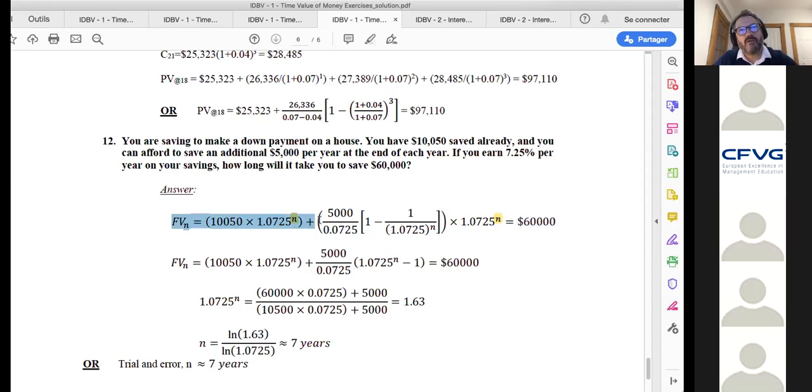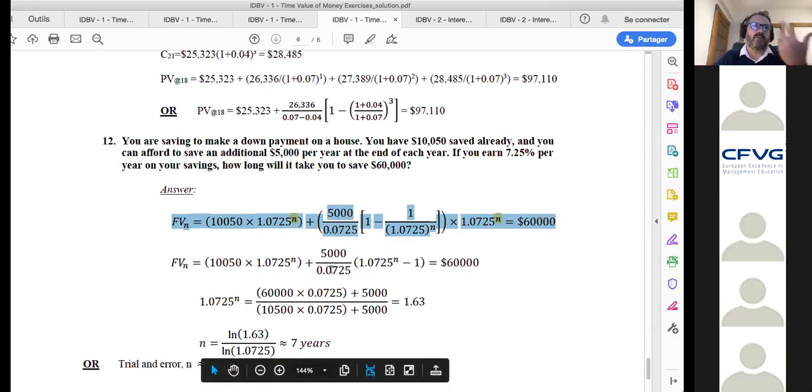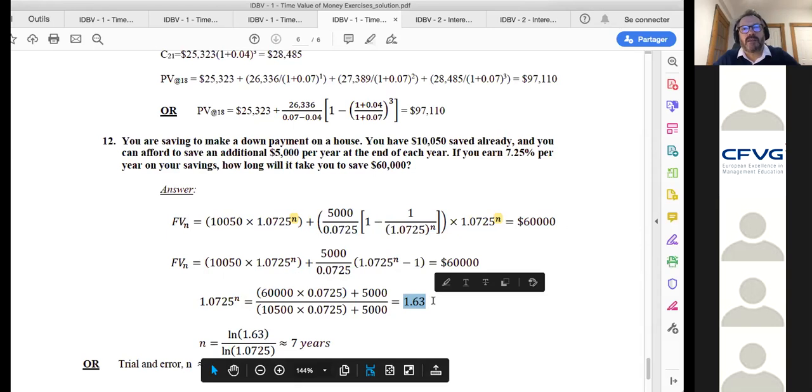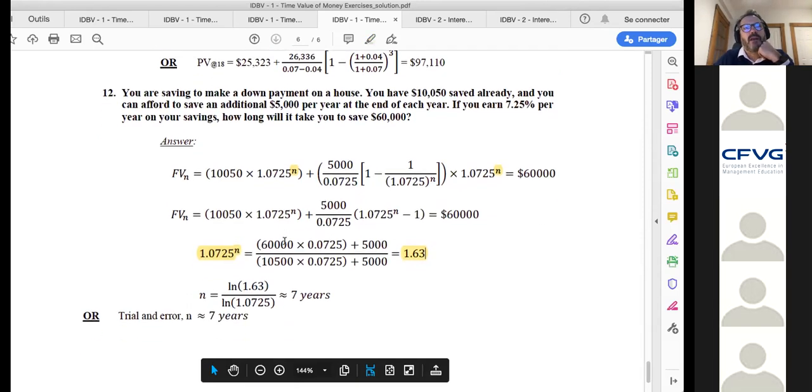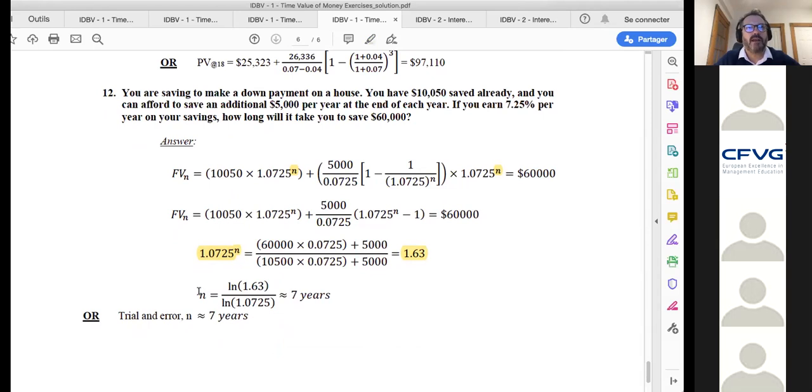And once you have this, of course, you have nearly solved the problem, right? You just need now to do some mathematics and to isolate 1 plus r exponent n to find it equal to something like here. So this is what we find after 2 lines: 1.63. And then you have 2 methods. The first is to use a logarithm, as some of you do, and as we do here.